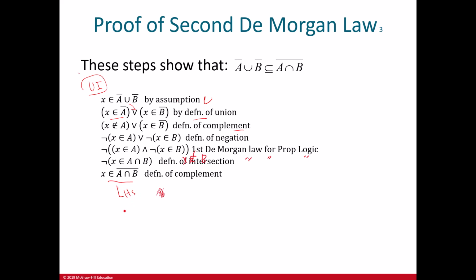So what we have done here, we showed that the left hand side is a subset of the right hand side, and the right hand side is a subset of the left hand side. Therefore, the left hand side is equal to the right hand side. Okay, and that completes the proof.